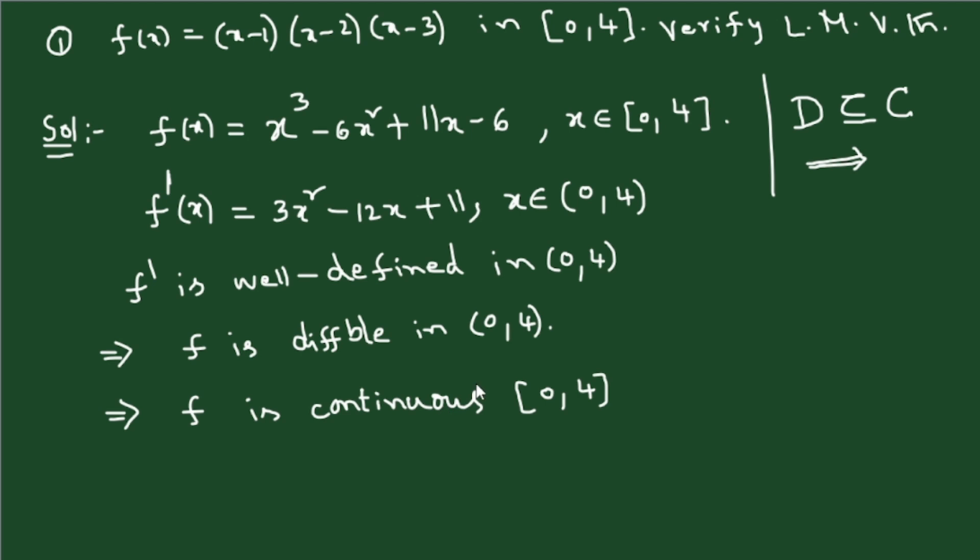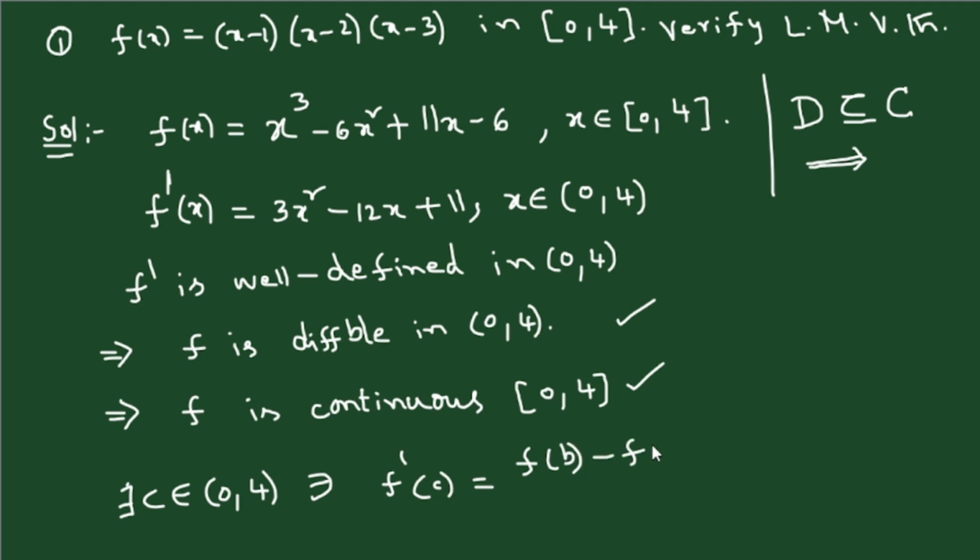Now the first two conditions are satisfied. Therefore, there must exist c in between 0 and 4, such that f'(c) is equal to (f(b) minus f(a)) by (b minus a).